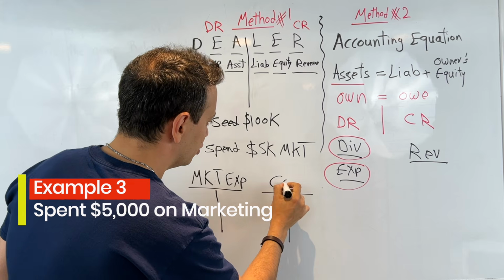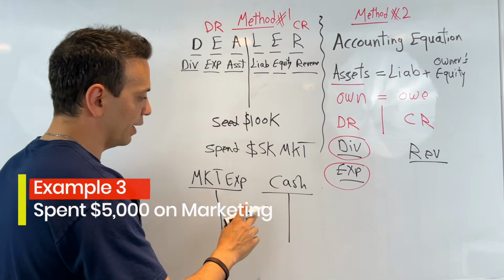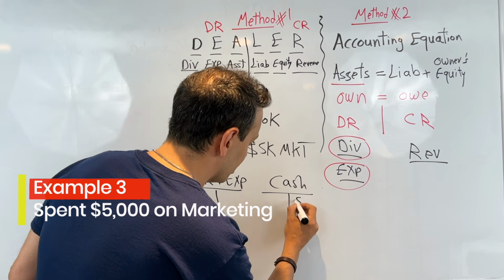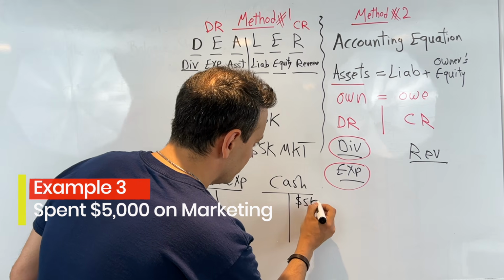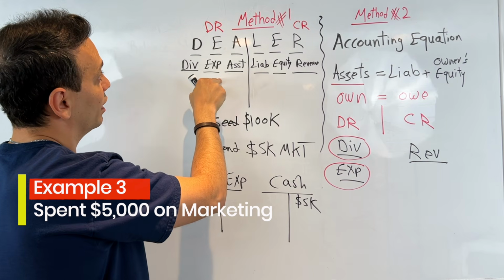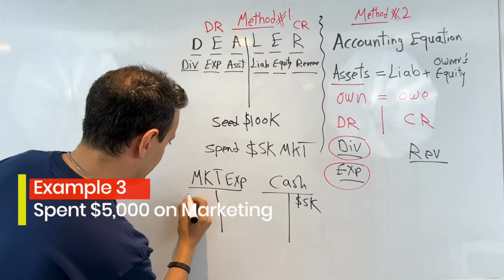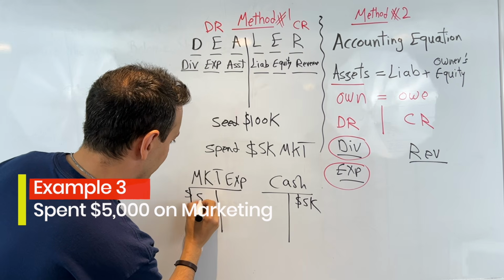You got cash. As you spend cash, cash is going out the door, so it's going to be a credit of $5,000. And you have marketing expense. Expense, based on this formula here, is right here. It's a debit. So that's going to be $5,000.